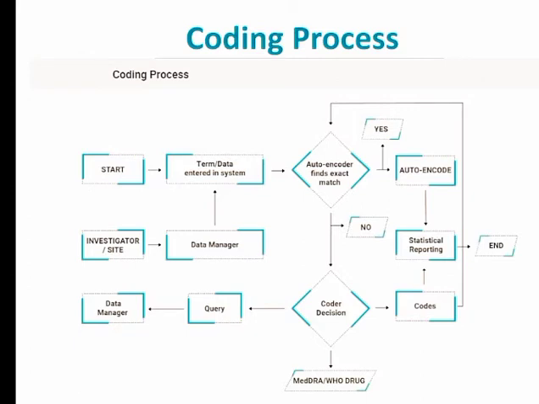Coding process. This is the flow chart which starts with the term data entered in the system and ends with statistical reporting. After term data enters the system, it goes to the auto-encoded field exact match, which is subdivided into auto-encoded and code decisions.